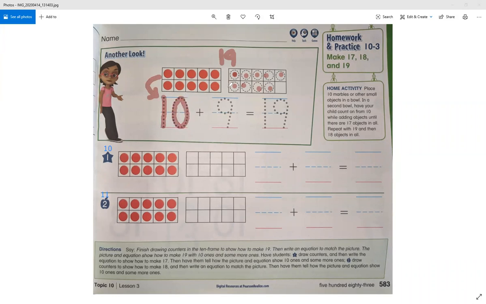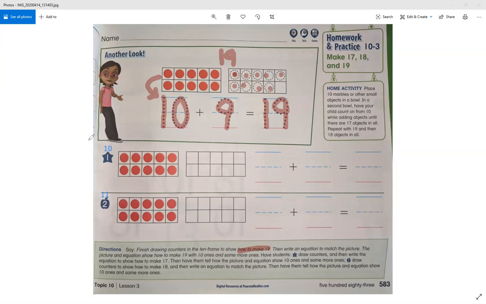And this second set of this 10 frame shows us what number needs to be right here, and that's 9. And we know 10 plus 9, when we add all those together, gives us 19, because that's the number we were trying to make. So we finished drawing the counters. They started it off for us. They knew that we needed 10 at least, and we added 9 more to make 19.